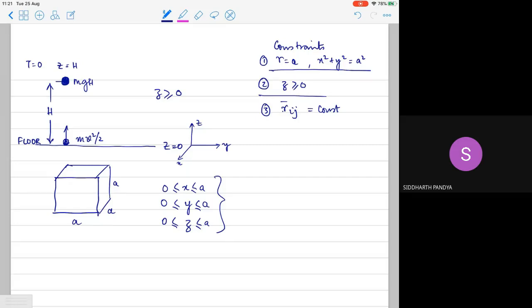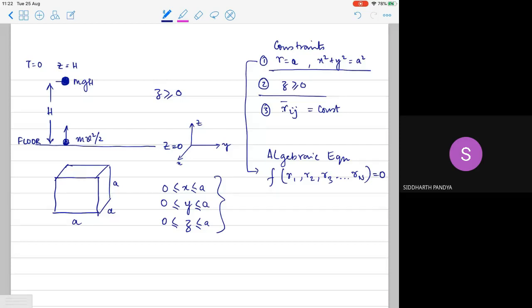The first class of problems essentially tells you that the constraint can be expressed with an algebraic equation of the form f as a function of r1, r2, r3, r4, essentially rn, however many coordinates are applicable to the system, and this is equal to 0. Such an equation can actually be written.